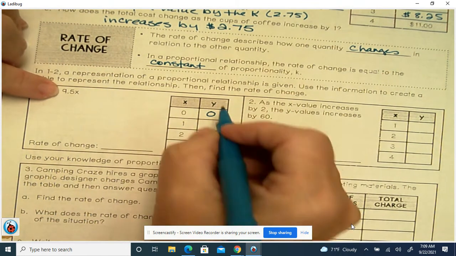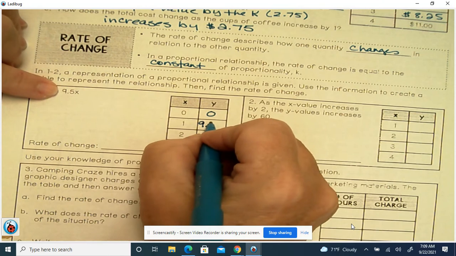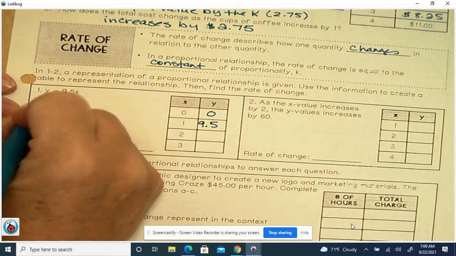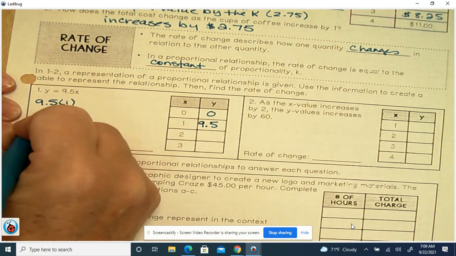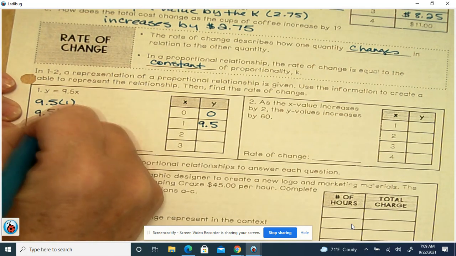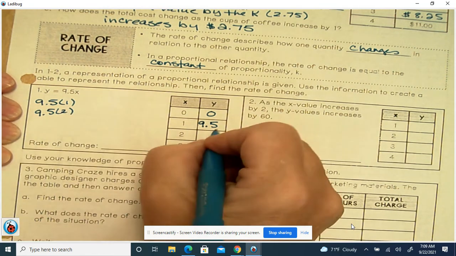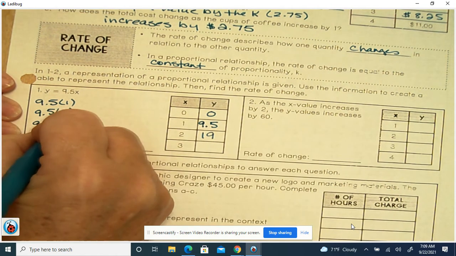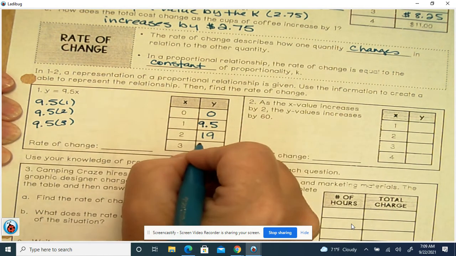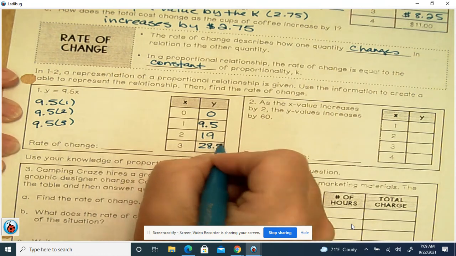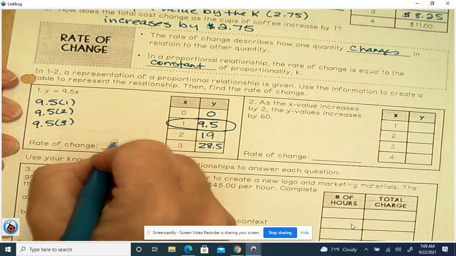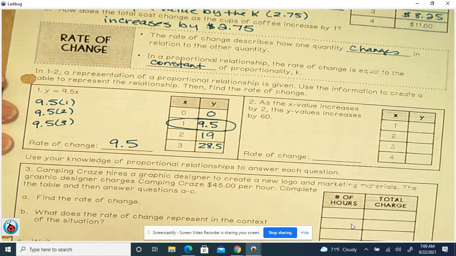Here's what it is at 1. 1 times 9.5 is 9.5. 9.5 times 2 is 19. And 9.5 times 3 is 28.5. And our rate of change is always what it is at 1, and it's 9.5.